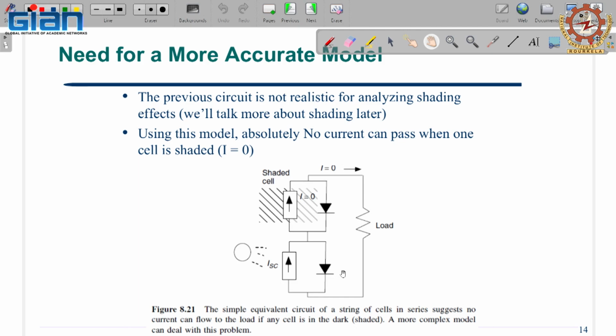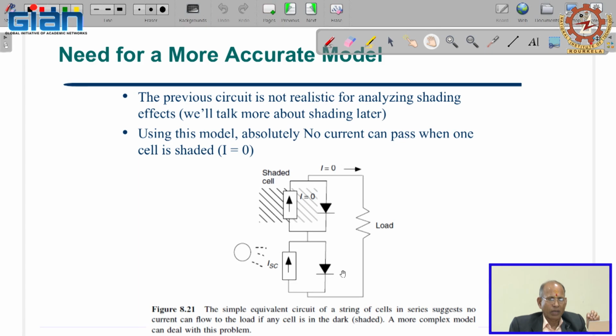Now this simple model, where we consider the cell as a diode, is not a very accurate or realistic model. Any cell you place in your watch will cause current when connected in a circuit. But with a solar cell, the current is proportional to the insolation falling on it.